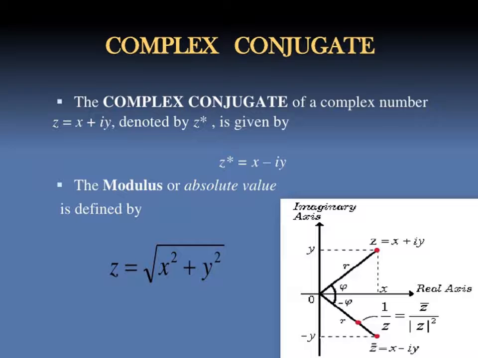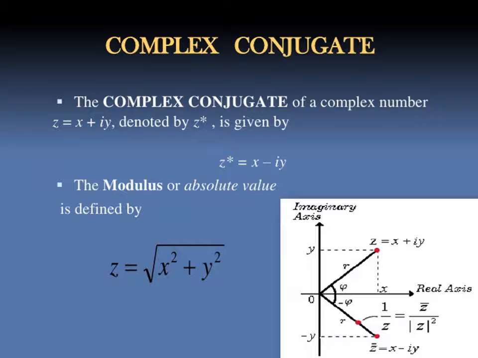Students, in earlier classes, in 9th class and 10th class, we have studied linear equations in 1 and 2 variables and quadratic equations in 1 variable. Quadratic equation means ax square plus bx plus c equal to 0 type equations.